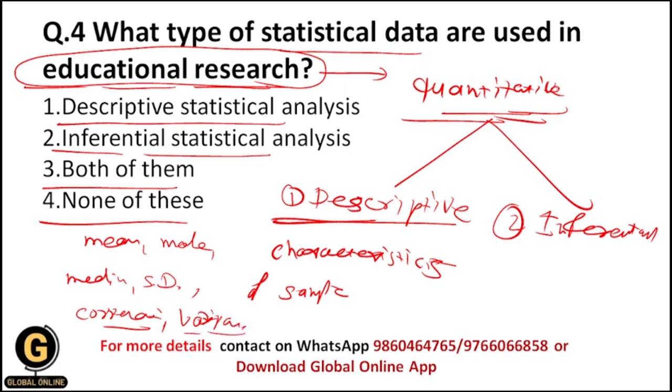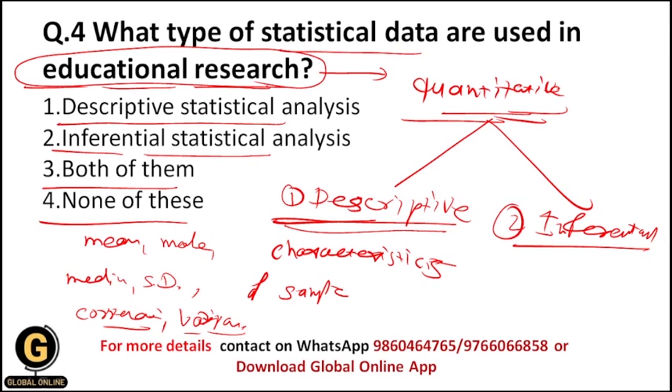Now inferential statistics, what is that? Basically it is used to draw conclusions or generalizations beyond the sample with a known degree of accuracy. Descriptive statistical analysis has limitations up to the samples only, but if I want to make generalizations beyond the samples, then I will use inferential statistical analysis.